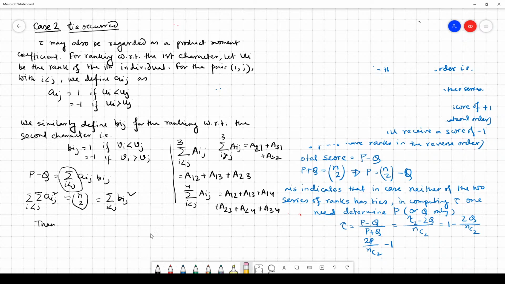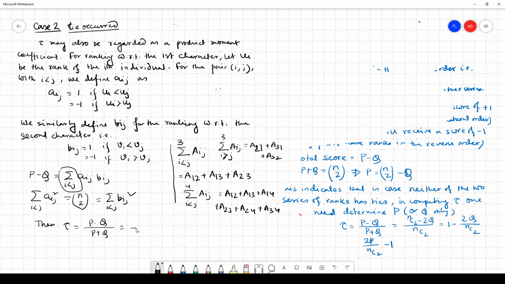So better to write this as the sum over i less than j of aij square, because it takes only positive signs, and how many ones? nC2. So the summation over i less than j of aij square is nothing but nC2, and similarly the summation over i less than j of bij square is also nC2. So tau equal to p minus q by p plus q.